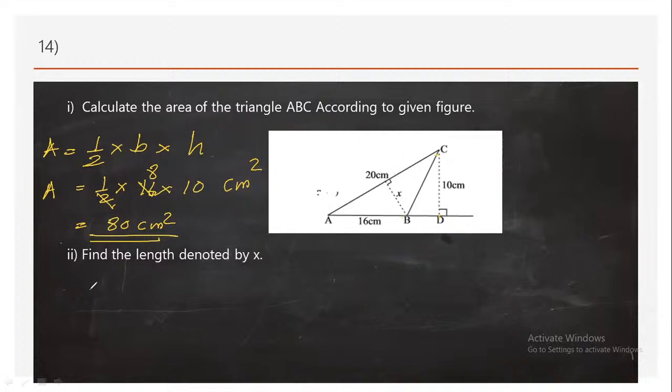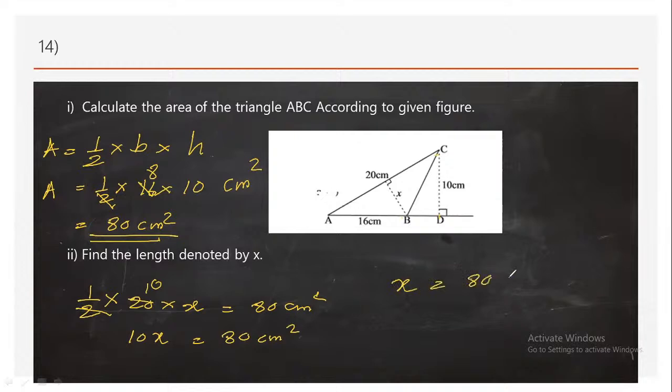So let's find the area the other way. 2 into 20 into x equals 80. Eight centimeter.